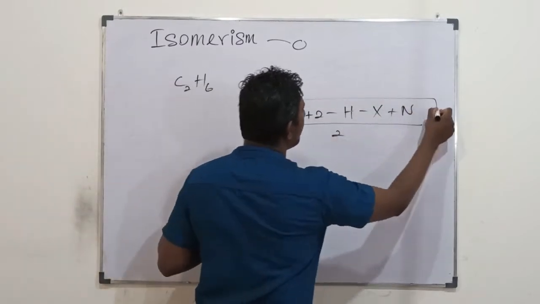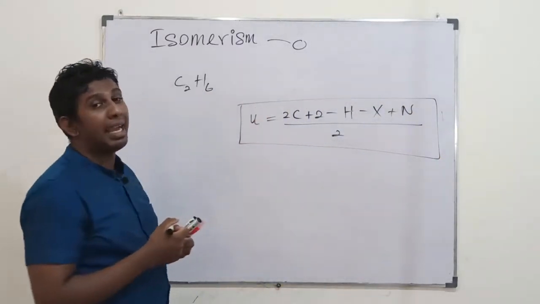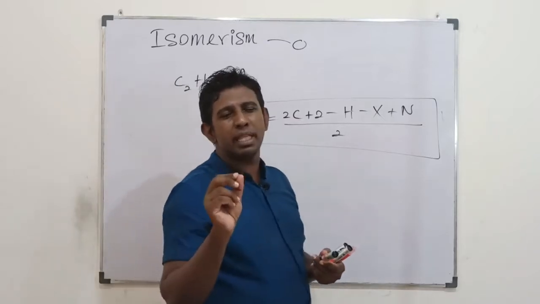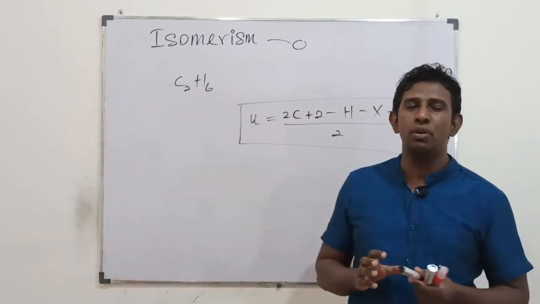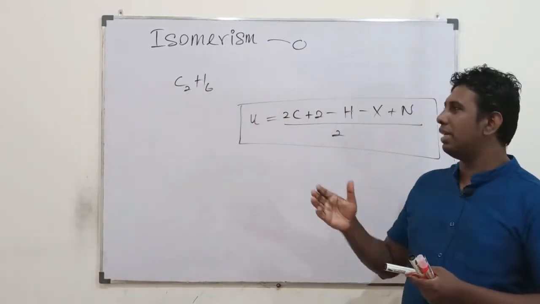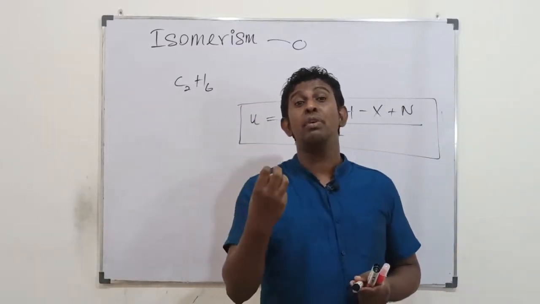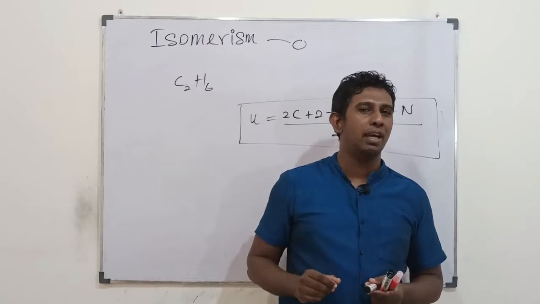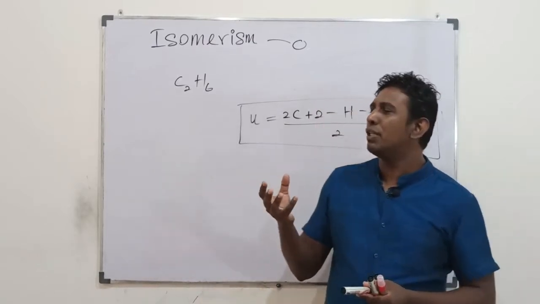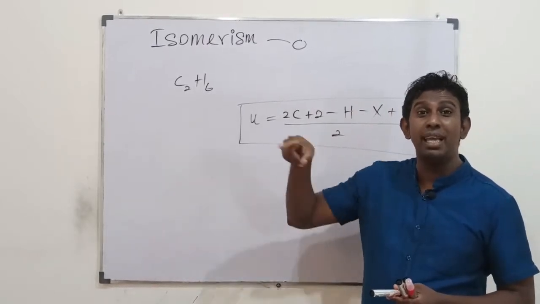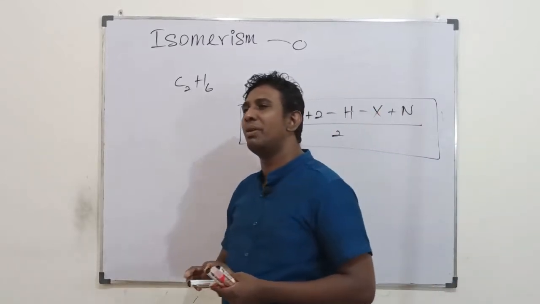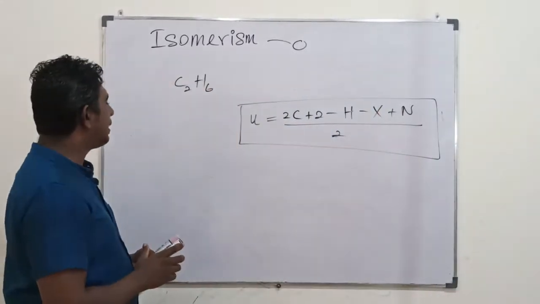Then you can easily obtain the unsaturation number from the molecular formula without trying to draw the structural formula. We'll find out the difference between molecular and structural formulae. Okay, students.